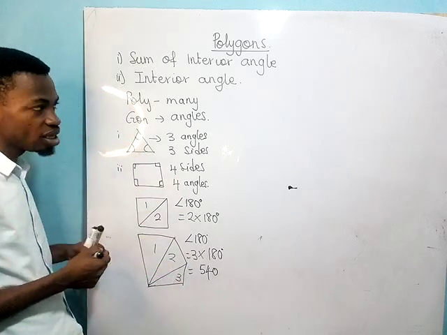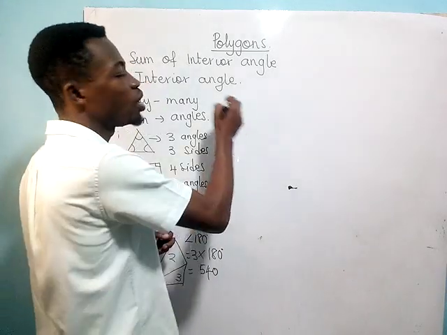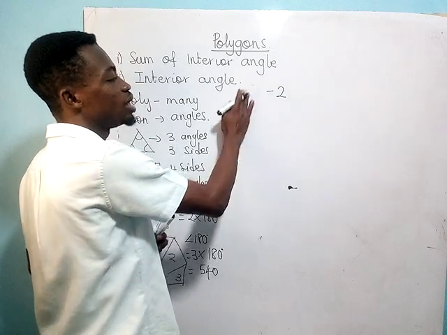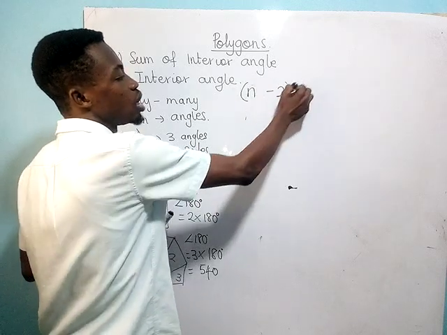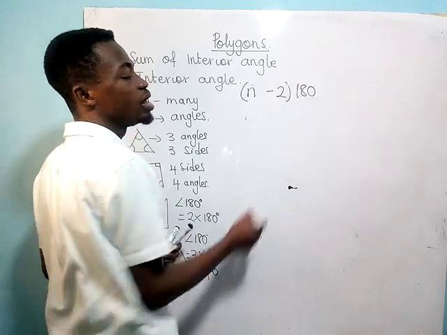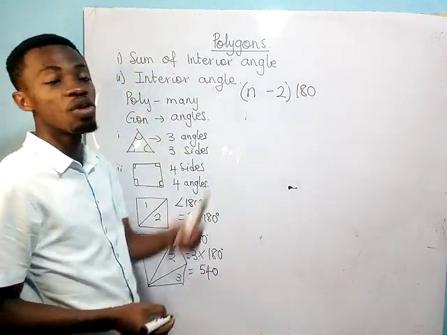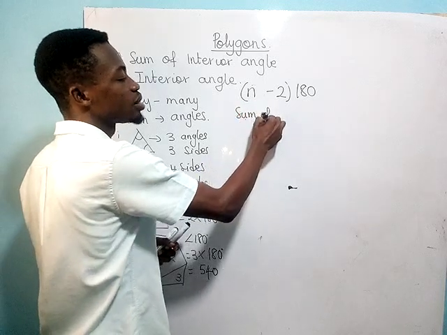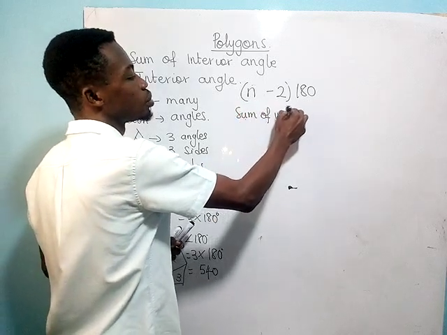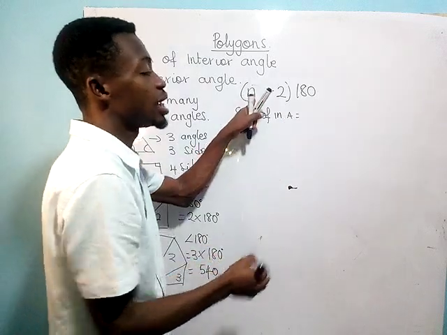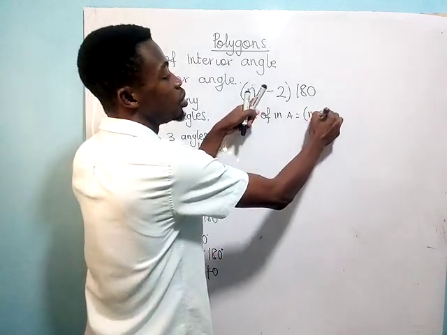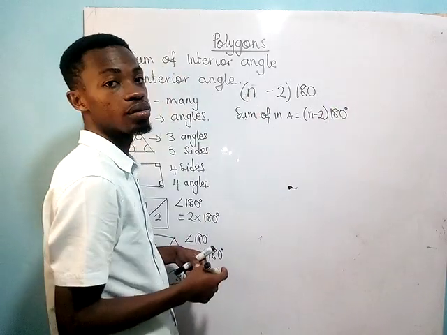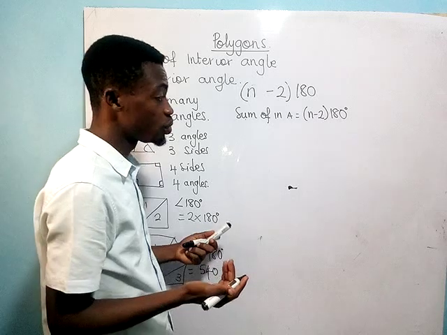So we can deduce that for any polygon, when 2 is subtracted from the number of sides and multiplied by 180, we obtain the sum of interior angles. So the sum of interior angles is the number of sides of the polygon minus 2, times 180.